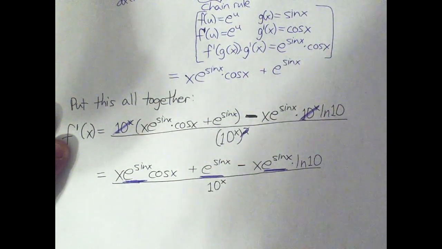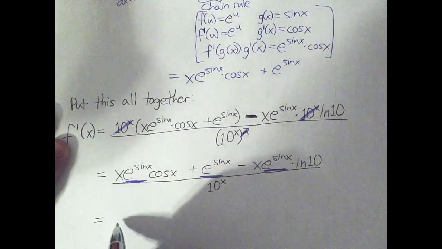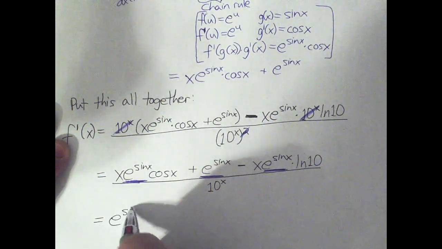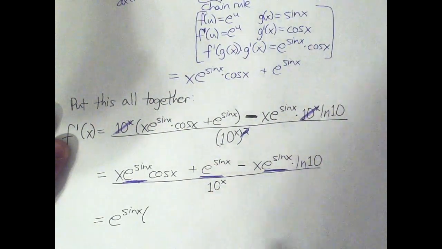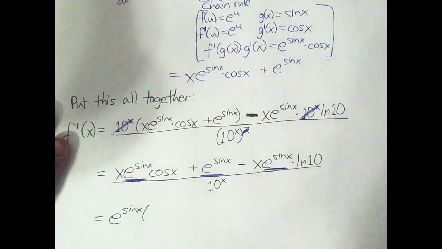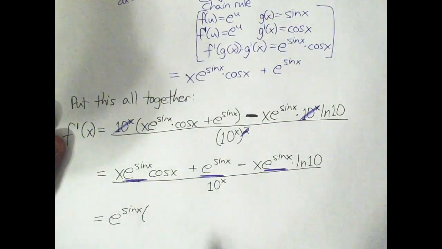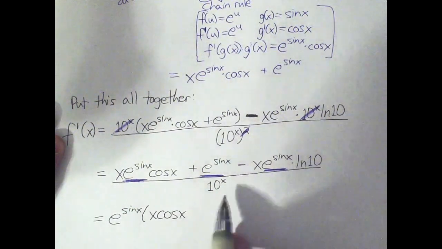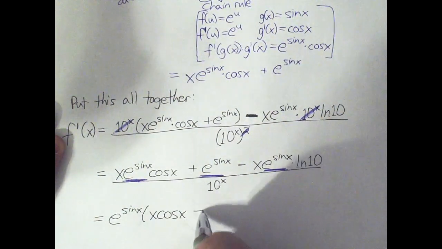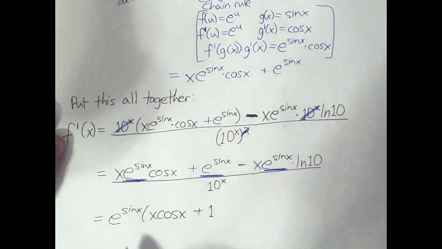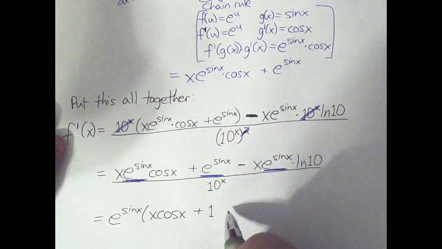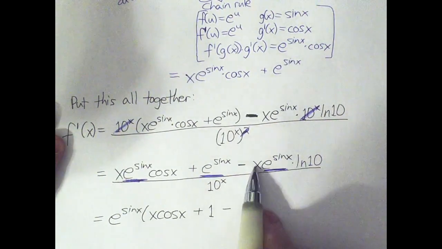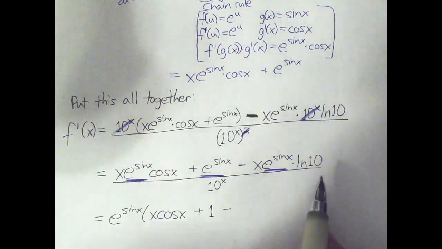So I think it would be nice to pull that out front and have e to the sine x parentheses whatever else we have. So from the first term, we get x cosine x. From the middle term, we just get plus 1, because there was just 1 e to the sine x. And then we get minus x times ln 10.